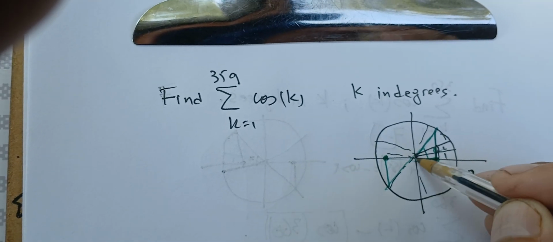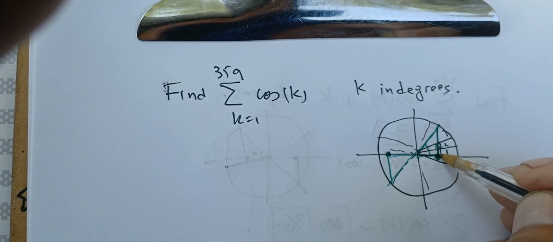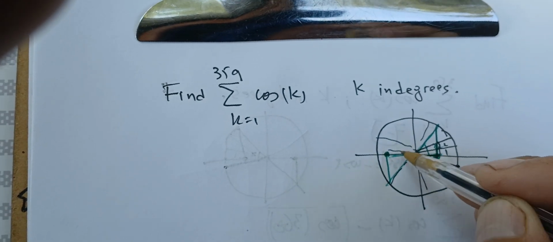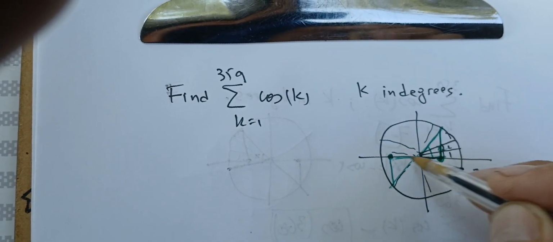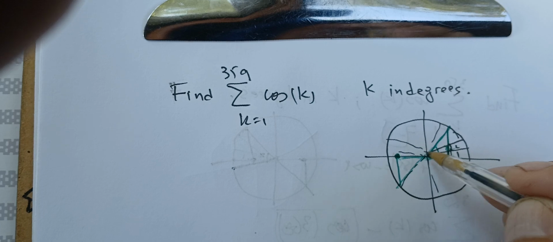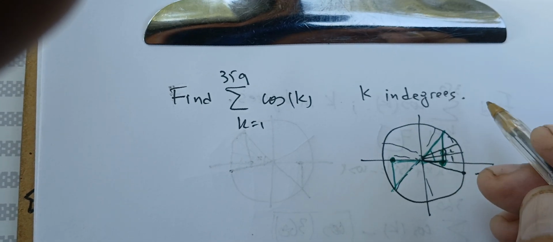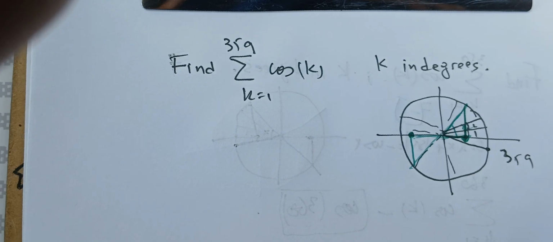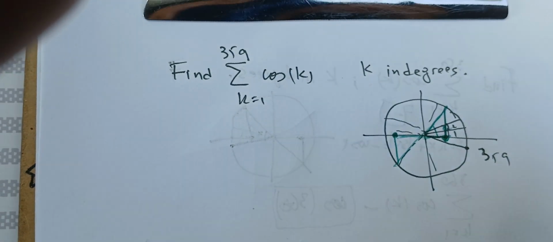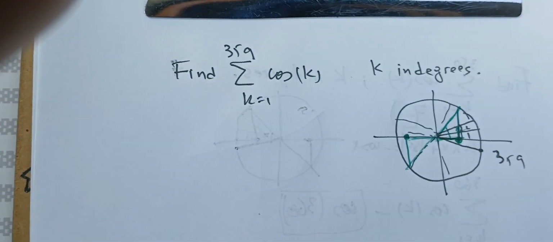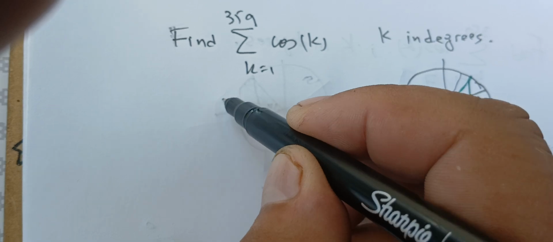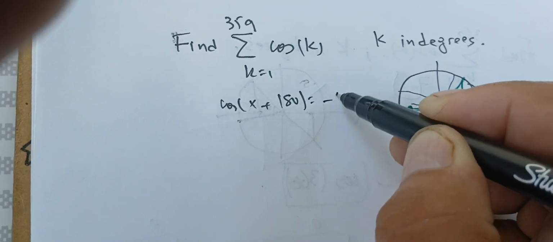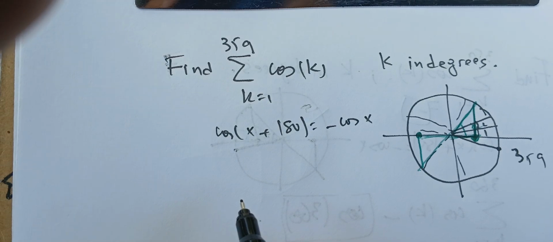This might seem not the case because the circle is not drawn to scale, but anyway, the cosine of x plus 180 is minus the cosine of x. So this property here is very crucial.